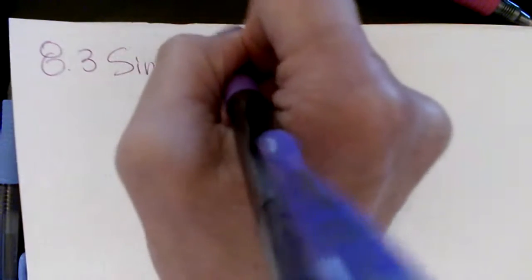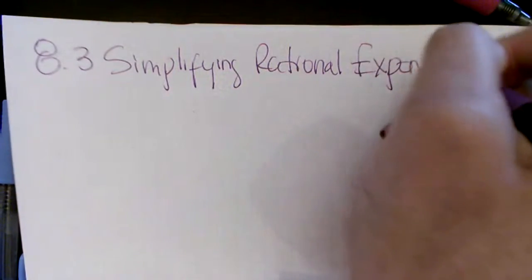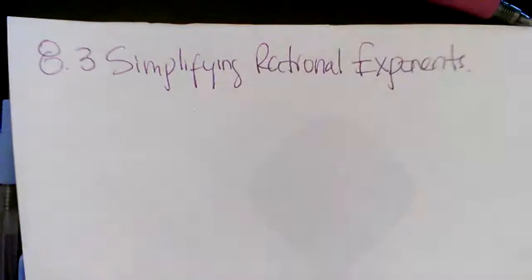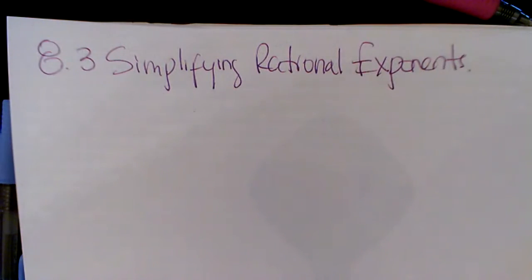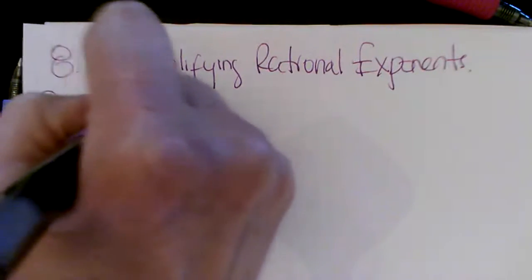All right, so we're gonna do 8.3, which is simplifying rational exponents. And we're gonna go through the radical rules.